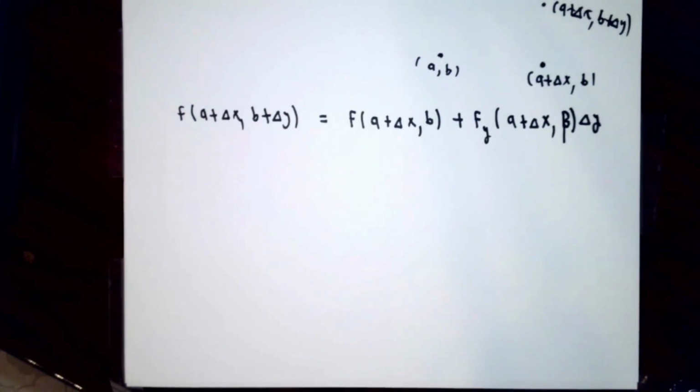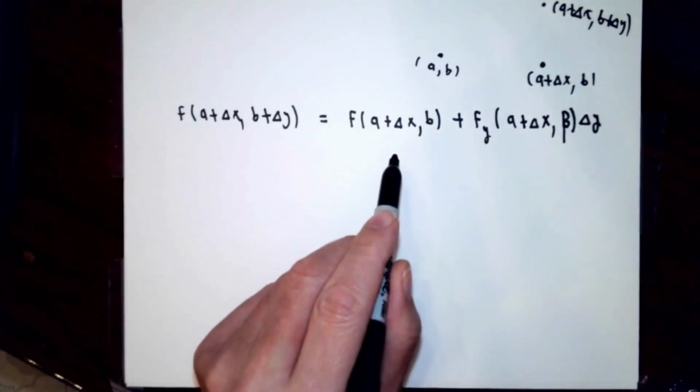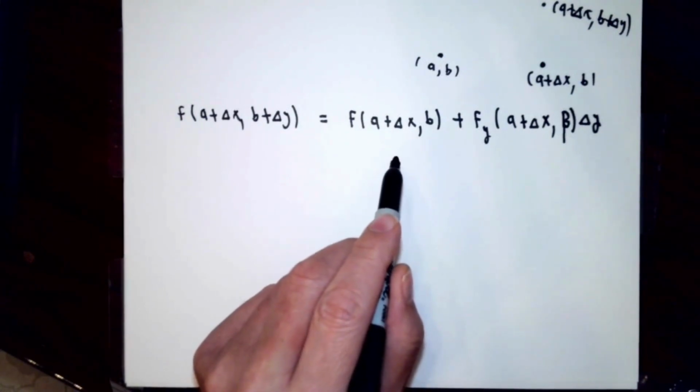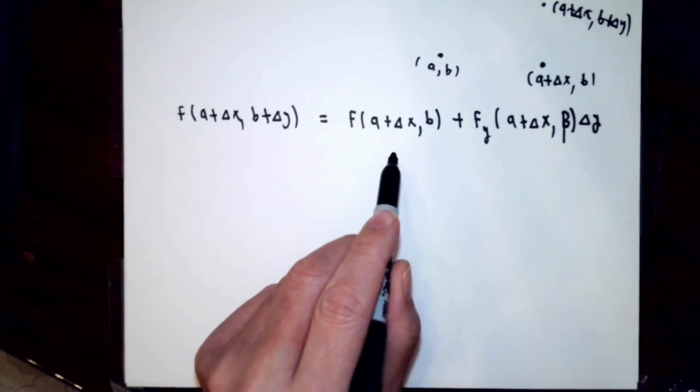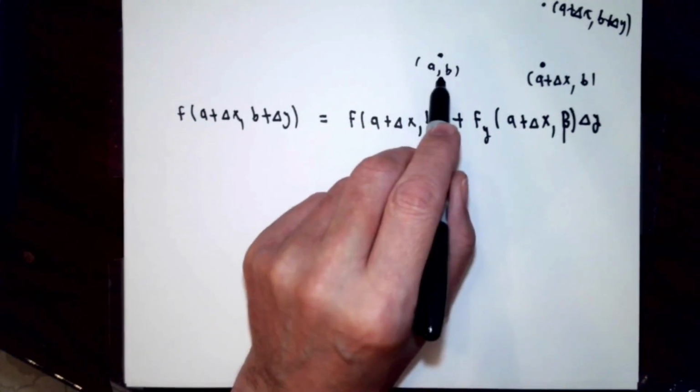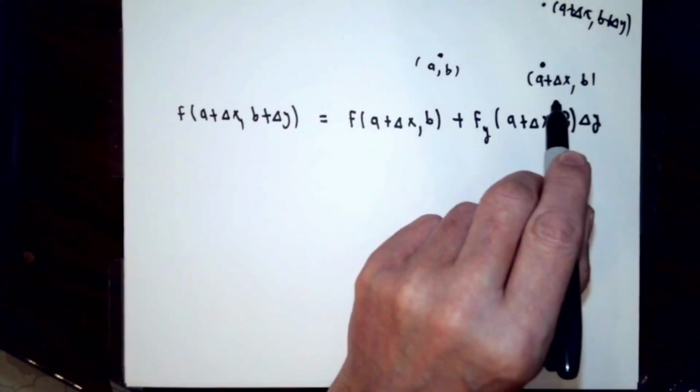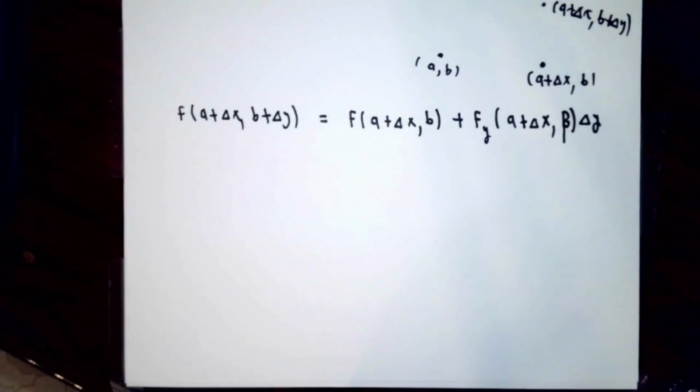On the other hand, I'm going to think of this now as being a function of x only. I'm going to start in my mind the x at a and change the x to a plus delta x and apply the same idea.